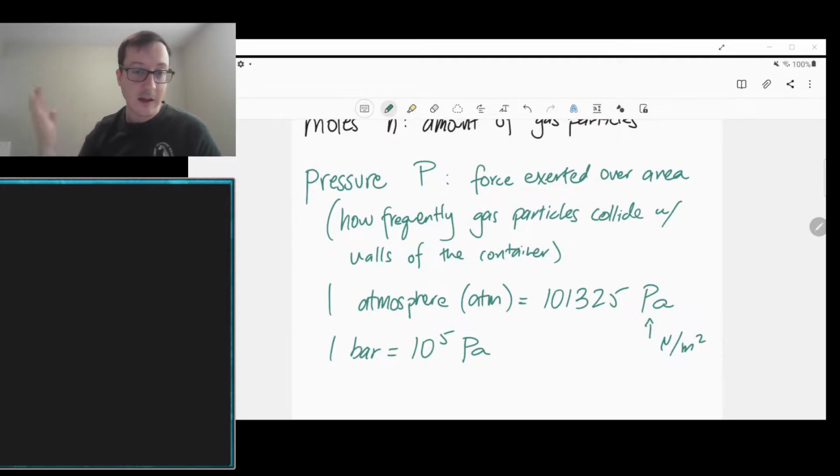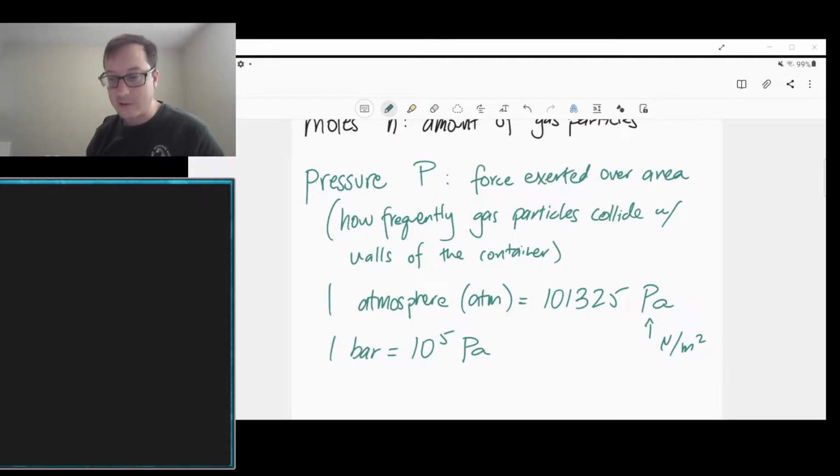A bar is, I guess, another SI unit, System International. It's kind of our unit standardization body. Usually in chemistry, we talk about atmospheres because that's historically what's always been done. However, in fancier, more advanced stuff, people talk about bars more and more frequently.